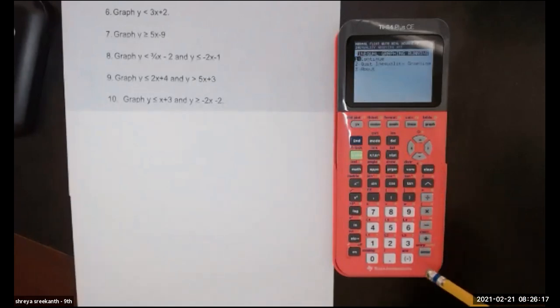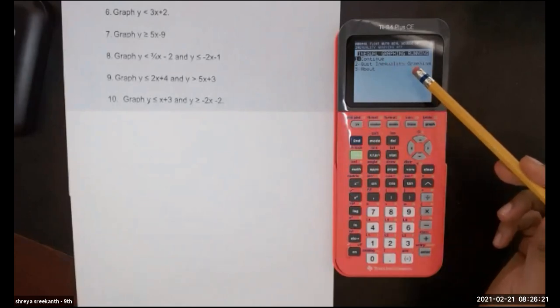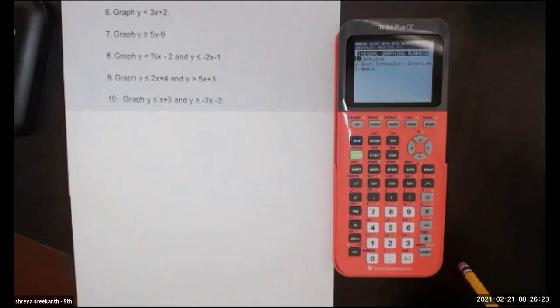If you go there, it will take you to this, and then you can press quit inequality graphing to quit it. But right now, I want to continue it, so I'm not going to quit it. So that's how you graph inequalities and equations on your graphing calculator.